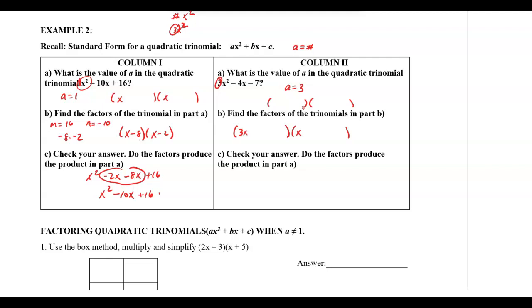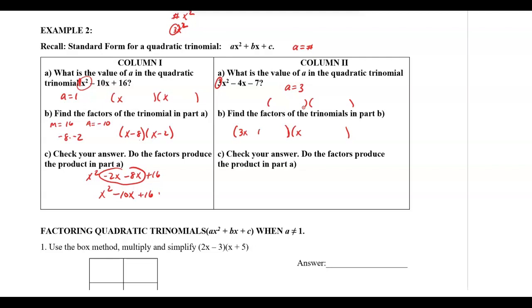Now, I can't just pick random numbers that multiply to give you negative 7 and add up to negative 4. What we have to do is find the numbers that multiply to give us negative 7, and then when we distribute, we get a negative 4x. What do I mean by that?